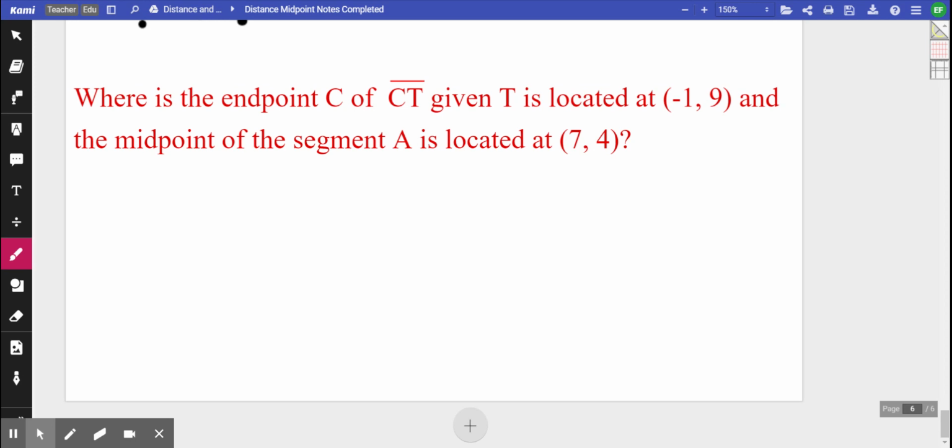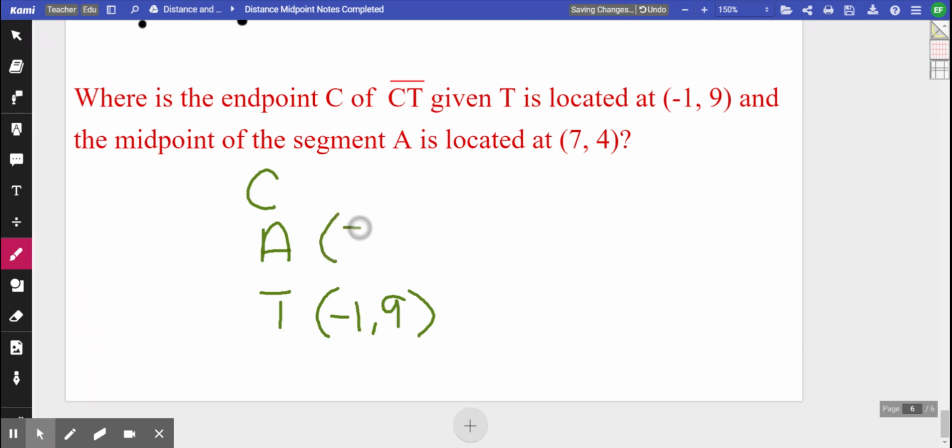So we're looking at an endpoint of C, a midpoint of A, and the other endpoint is T. We're given that T is at a location of -1, 9. We're given that the midpoint A is located at a point of 7, 4.